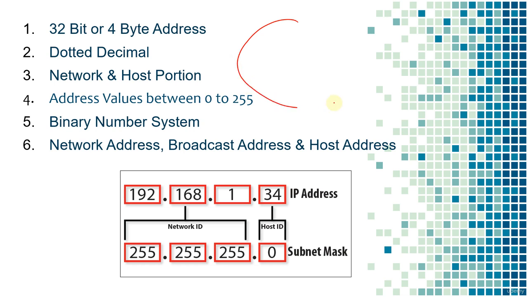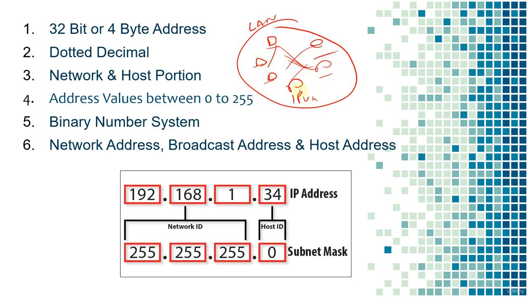If you are in a local area network, in a LAN environment, whatever computers you have over here, they are all going to use some kind of IPv4 addressing, and they have some IP addresses. Similarly, let's say this is XYZ organization, and this is Job Skill Share organization, and the employees over here are all connected with wires and they have IP addresses.